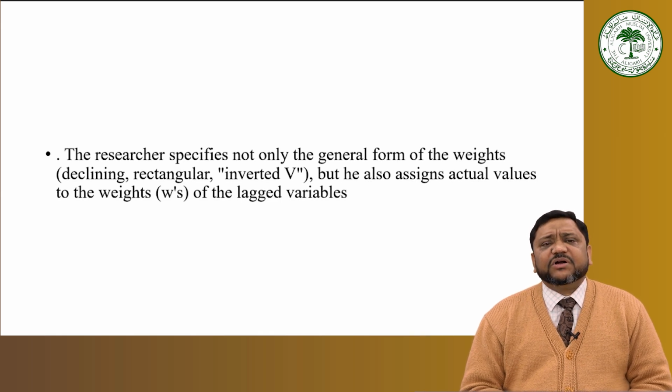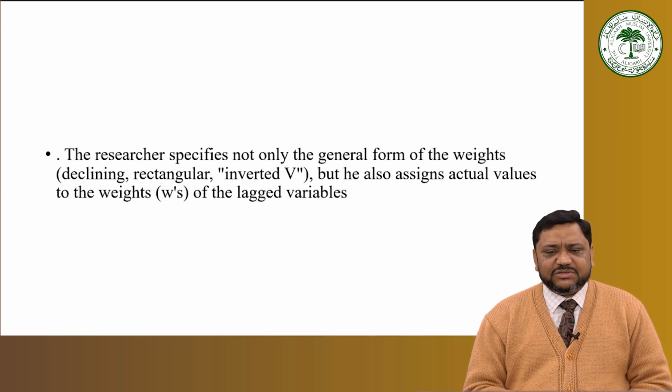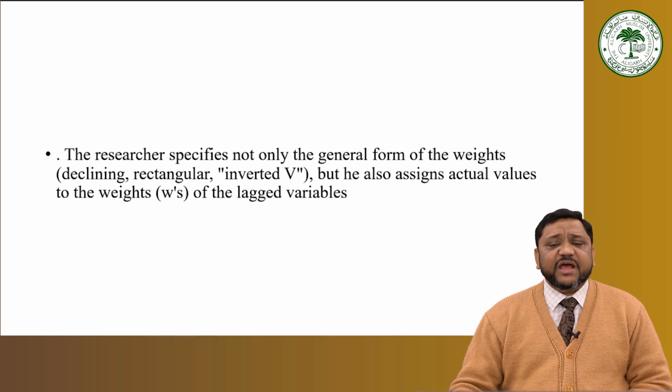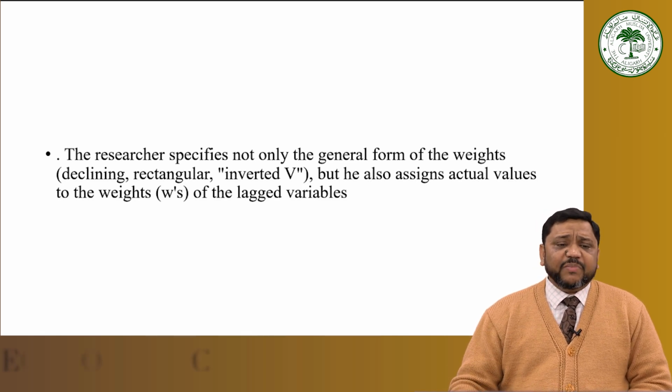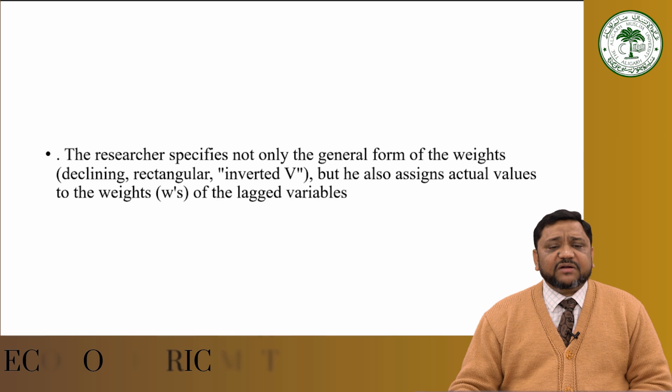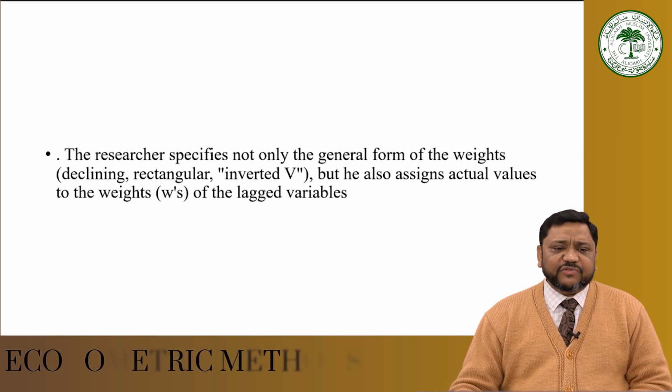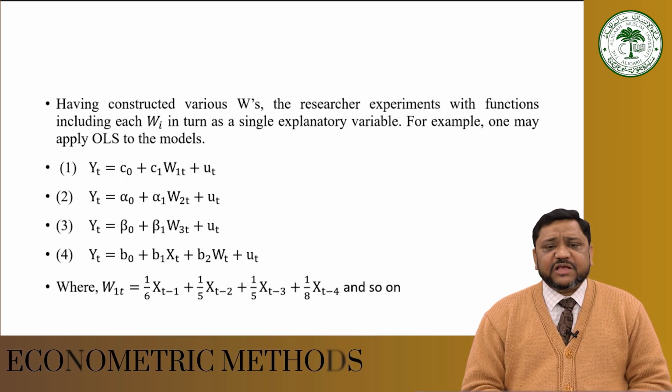In general, the method of arbitrary weights is an extremely arbitrary method of dealing with lags. The researcher specifies not only the general form of the weights, declining, rectangular or inverted, but also assigns values to the weights of the lagged variables, as we can see over here.